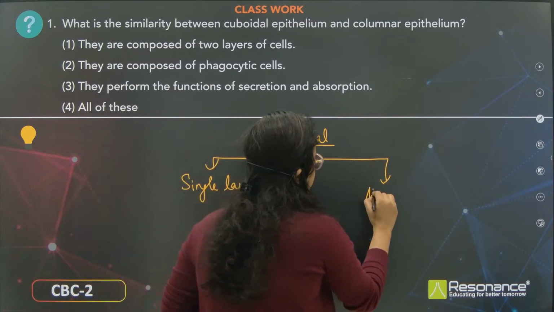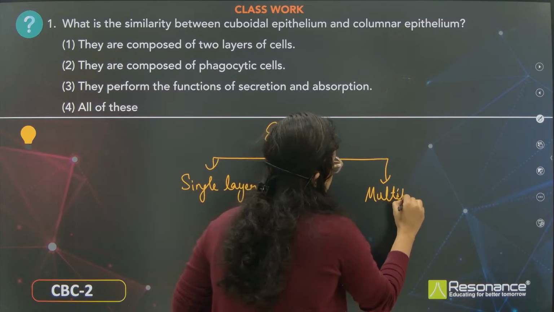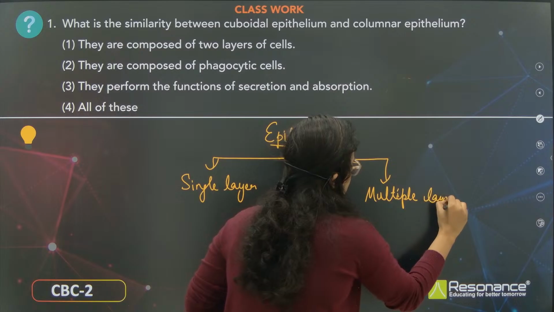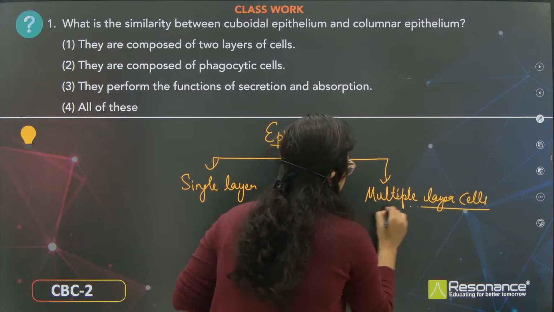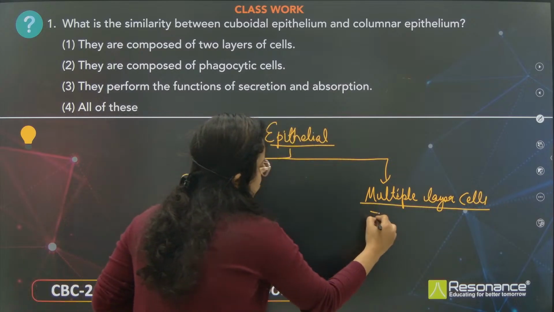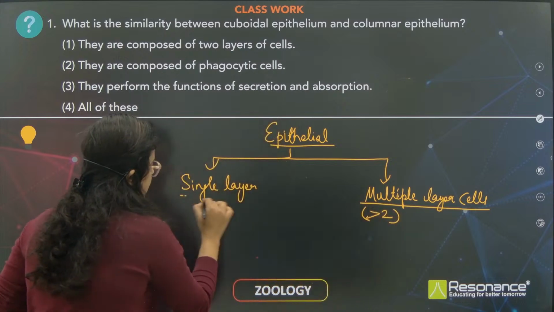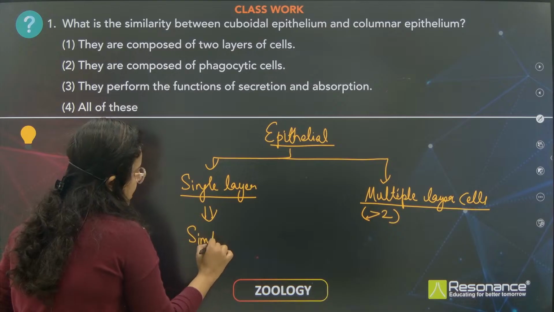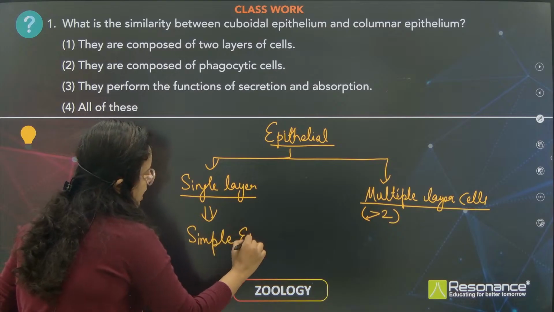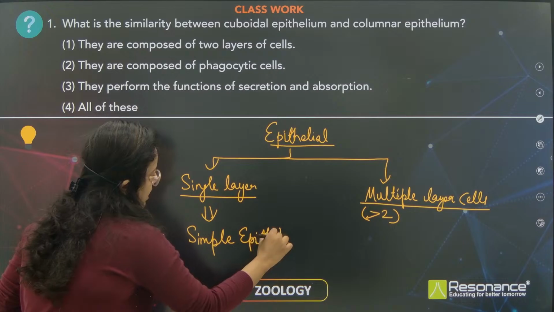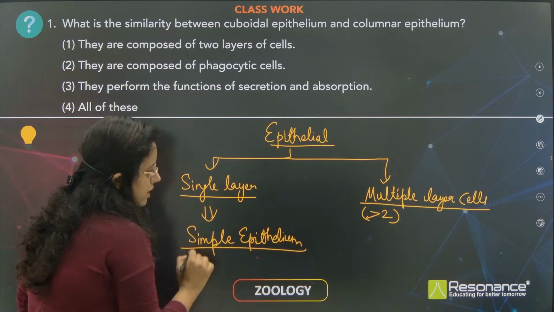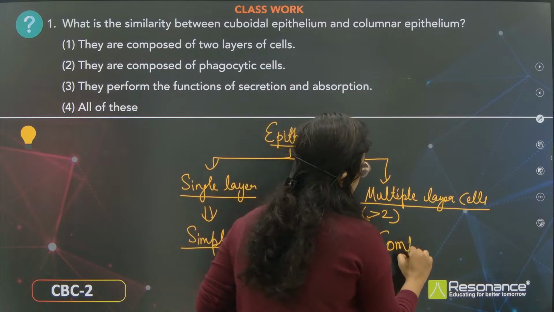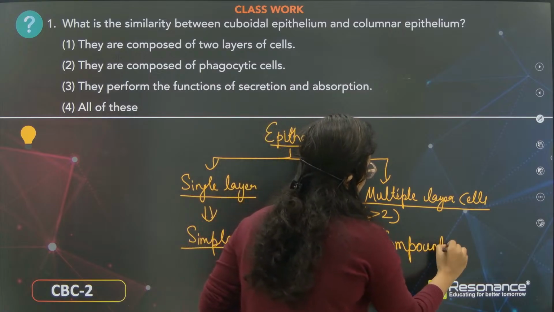And when more than 2 layers of cells are present, it is called compound epithelium.